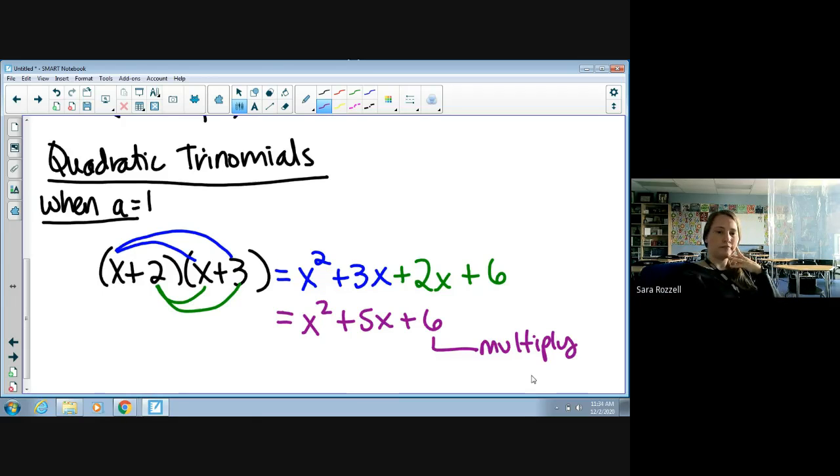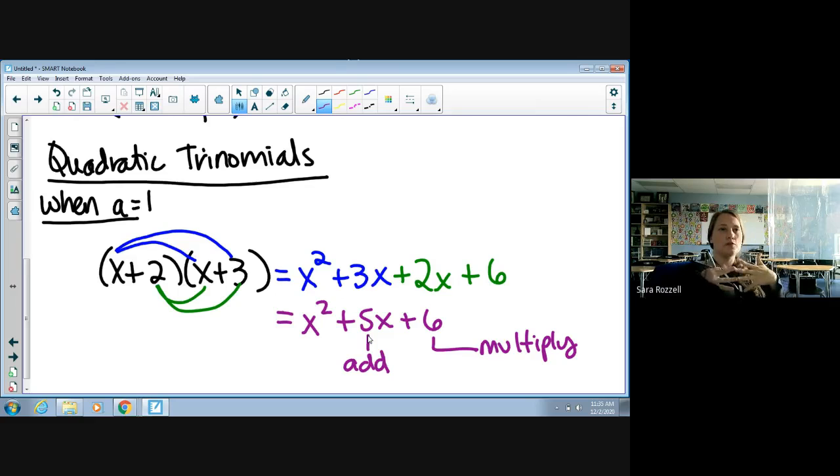All right. And how do 2 and 3 relate to get 5? What do you have to do with 2 and 3 to get 5? You've got to add them together because we had to add them together right there. So our two numbers that we've got there have got to add together to get our middle term.